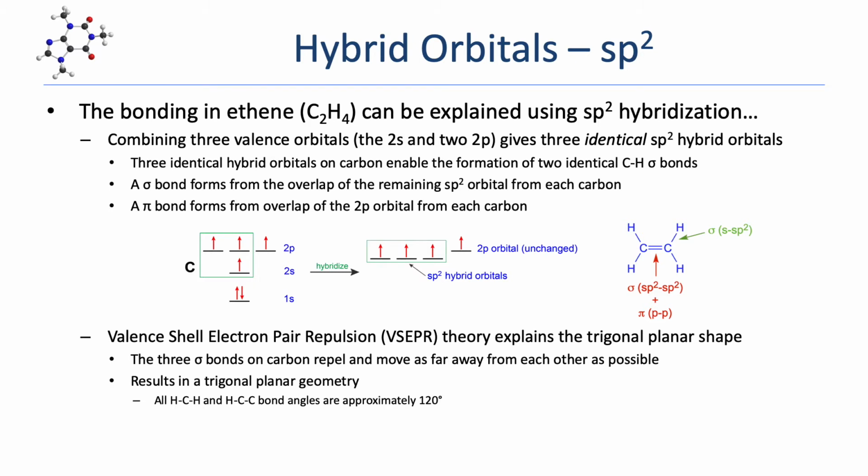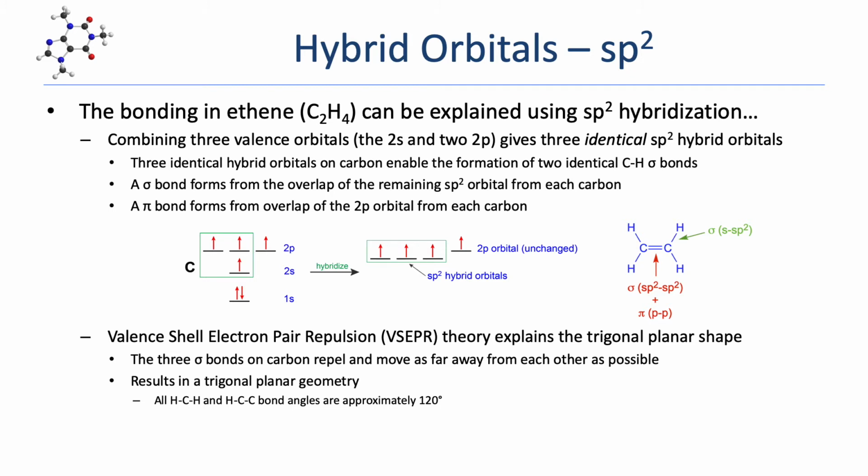In ethane, we had four hybrid orbitals on each carbon, and the bond between the two carbons was made by overlapping a hybrid orbital on each carbon. So that would mean here that each carbon would have a bond to the other carbon and two bonds to hydrogen. We describe the geometry of each carbon as trigonal planar. And that means that the bond angle between HCH or HCC is roughly 120 degrees.